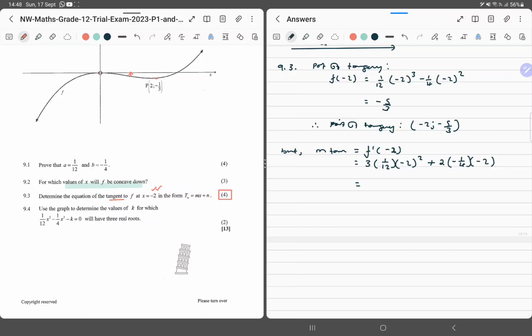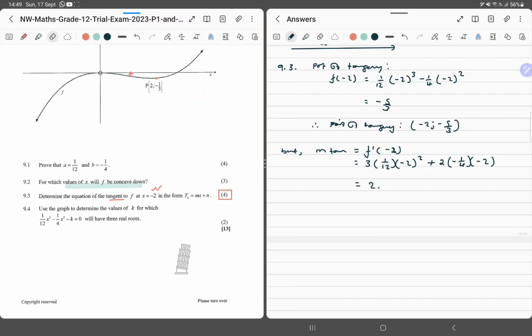Okay, guys, it's going to be a bit of calculator work here now. Minus 2 squared plus 2 into minus a quarter into minus 2. See that, minus 2 gives us the gradient. The gradient is 2. Can you see it's a positive gradient? You can almost tell that it's somewhere there.